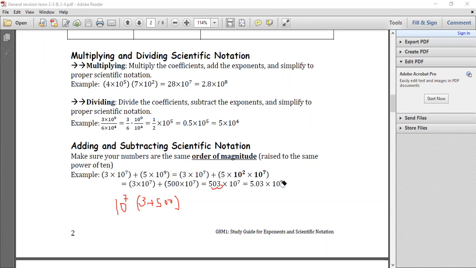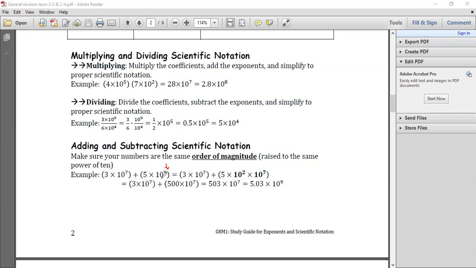There is another method we explained in the class for how we can solve this question. Let me explain it to you. We already have 3 times 10 to the power of 7 plus 5 times 10 to the power of 9. We are looking to make both numbers have the same exponents. Then I'm going to decrease 10 to the power of 9 to make it 10 to the power of 7.